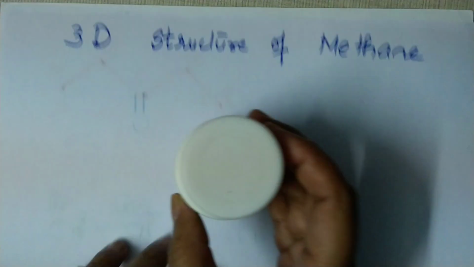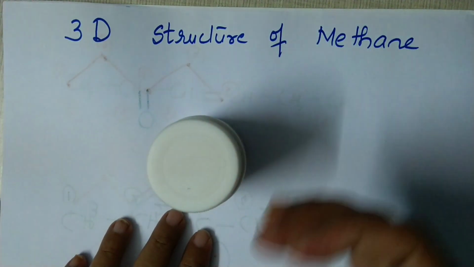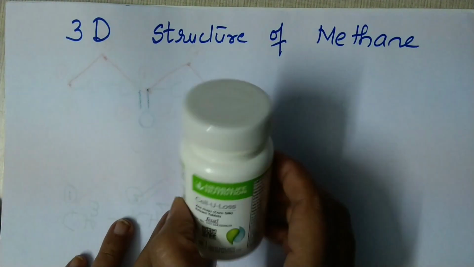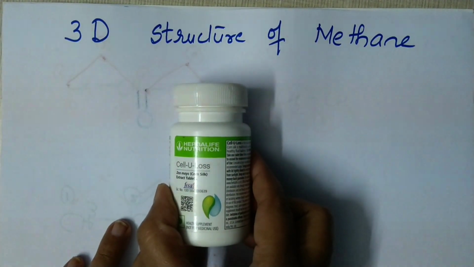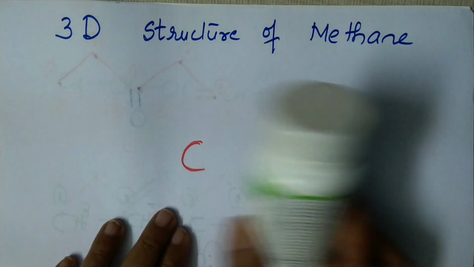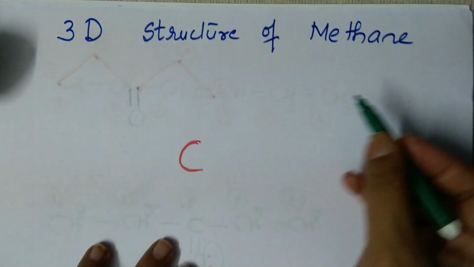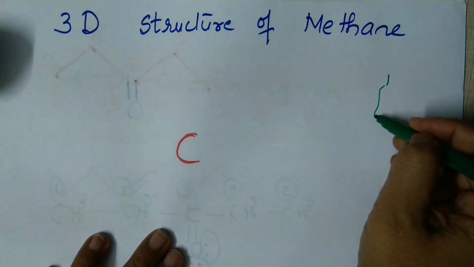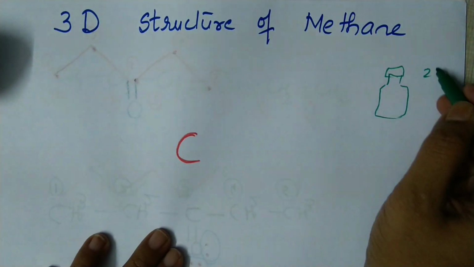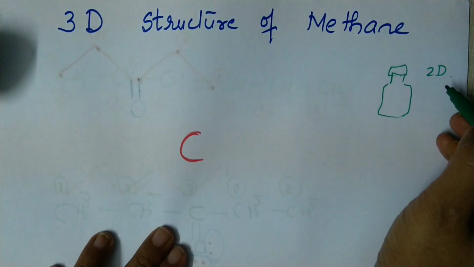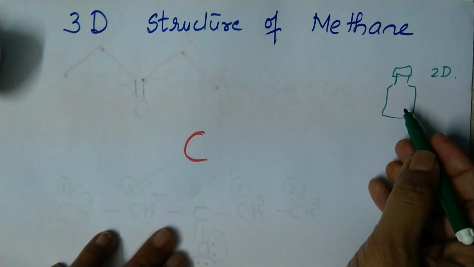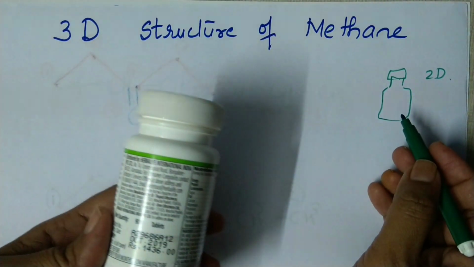So something is behind it, something in front of it, and everything needs to be represented on the plane of the paper. Understood? So how do you write this picture on the plane of paper? You will just write something like this. I will call this a 2D structure, but I now need to write a 3D structure.